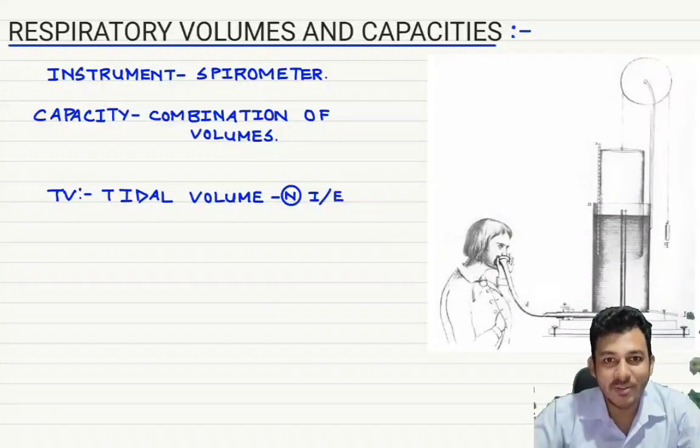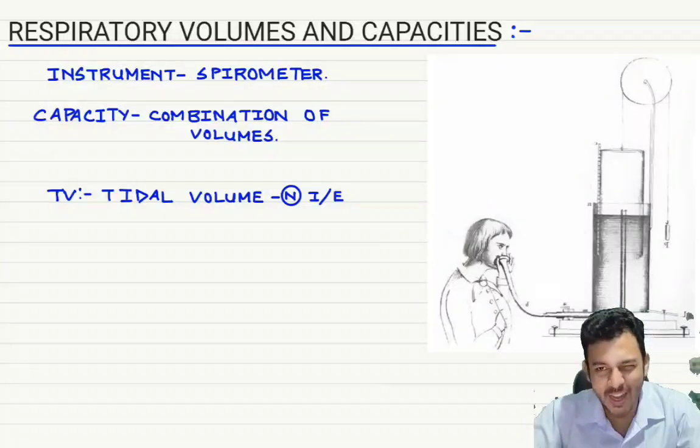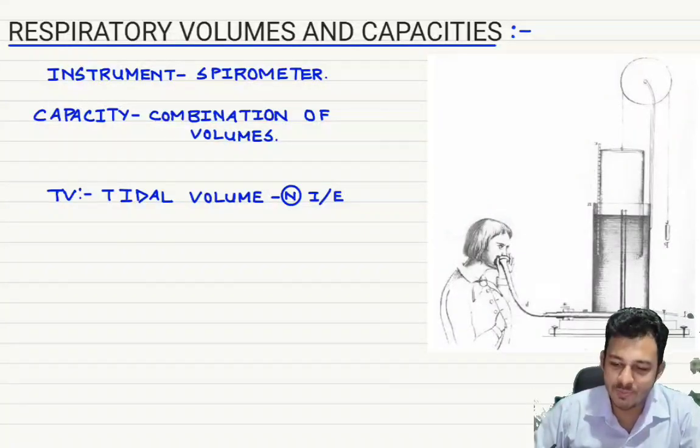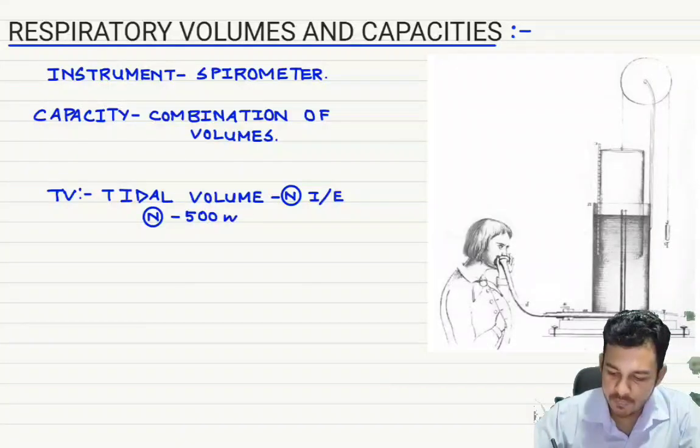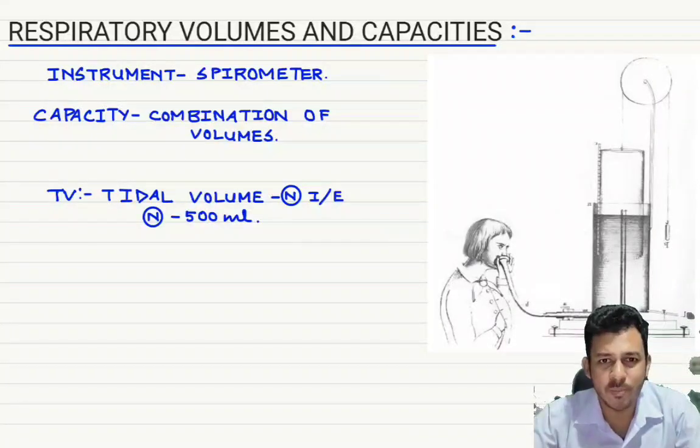Now just remembering what tidal volume is won't do. Unfortunately, you have to remember this particular number also. Normal tidal volume is about 500 ml. If you remember from your previous class, I had told you that the normal breathing rate is approximately 12 to 16 breaths per minute.